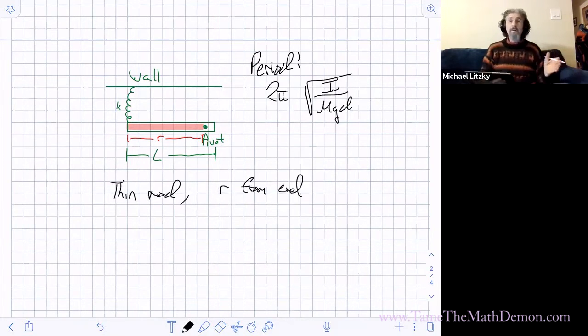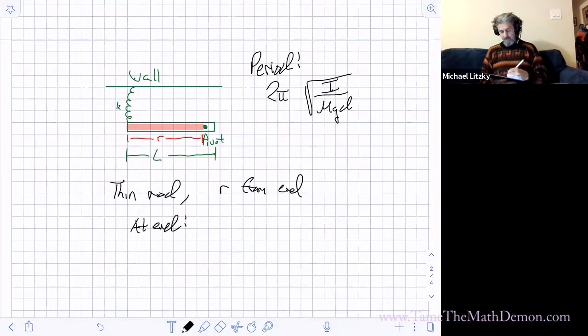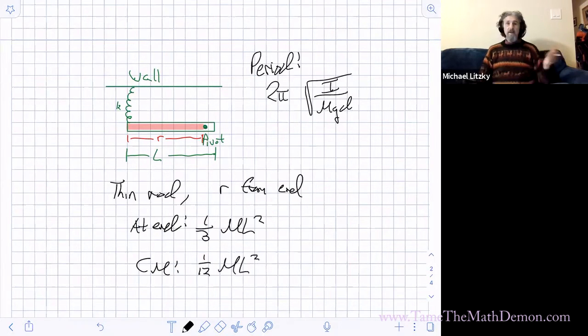So we look at all of our formulas for the inertia of a thin rod, and we find that if it was pivoted at the end, we'd be fine. We would have 1/3 mL squared. If it was pivoted in the middle, at the center of mass, it would be 1/12 mL squared. But we're sunk. We don't have a formula for a thin rod that's pivoted a distance r from the end.